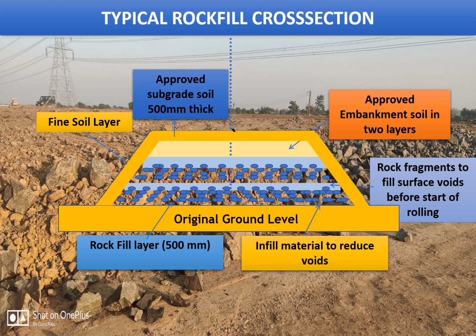Typical cross sections of construction of rockfill embankments are shown schematically using line diagrams, where you can see the highlighted positions. This is your original ground level, then you have the rockfill construction as the next layer, the fine particles on top of the rockfill construction, then again the rockfill construction, and then the fine top on the rockfill construction.